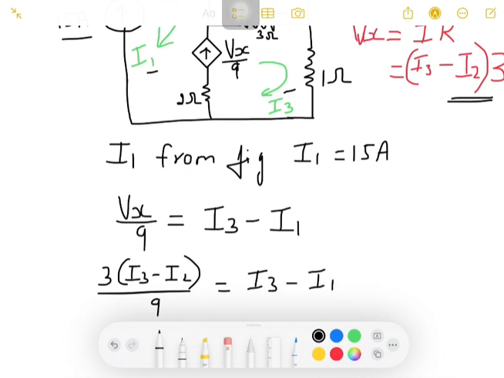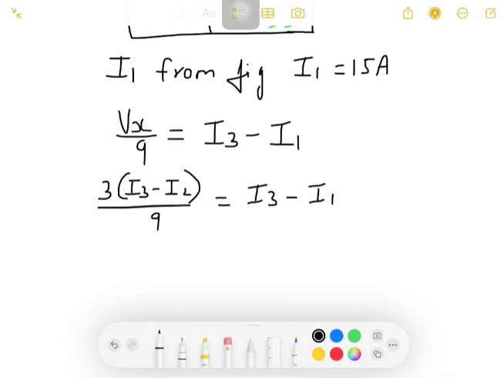This will be 3 into I3 minus 3 into I2. So if I take this 9 on the right hand side, it will be multiplied as 9 into I3 minus 9 into I1.